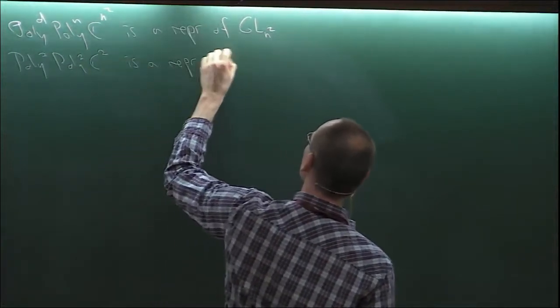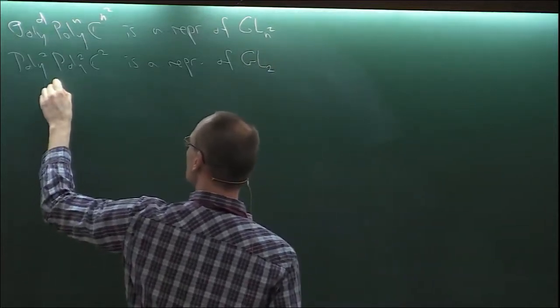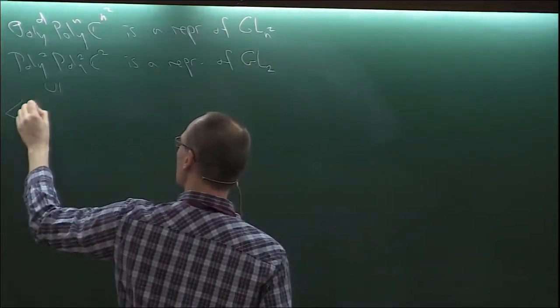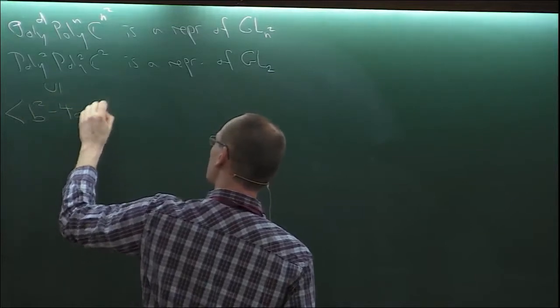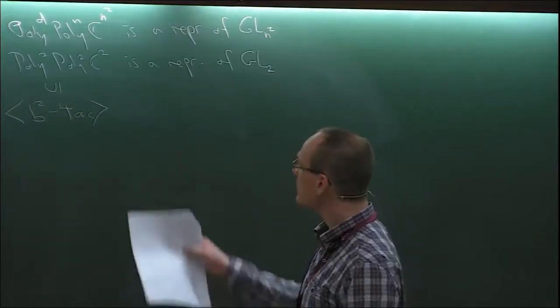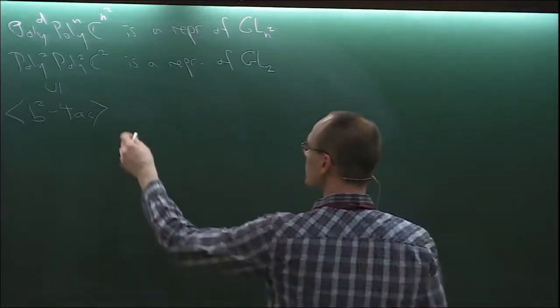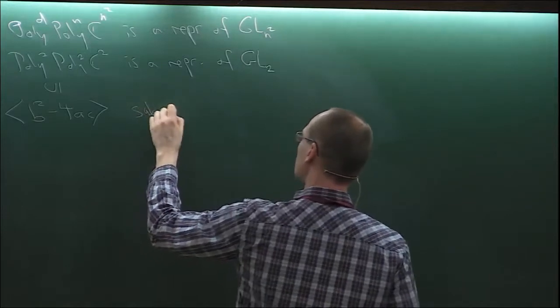These are all representations of GL, in this case of GL2. And now there's a sub-representation in here that is spanned by the discriminant, b squared minus 4ac. It's also a representation because you apply to it some matrix from GL2 and you stay in this linear subspace. Okay, so this is called a sub-representation.